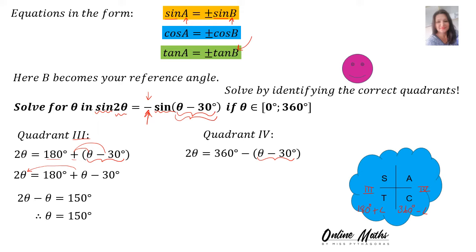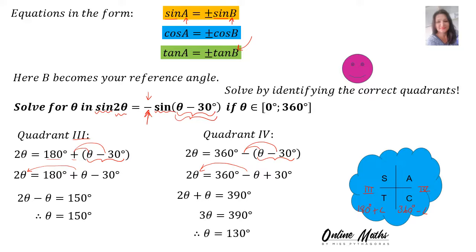So in the next step, you multiply in this minus, and 2 theta is 360 minus theta plus 30. Then the negative theta will walk across and become positive, and on the right 360 plus 30 is 390, and then 3 theta is 390, divide away the 3 and your answer theta is 130 degrees.